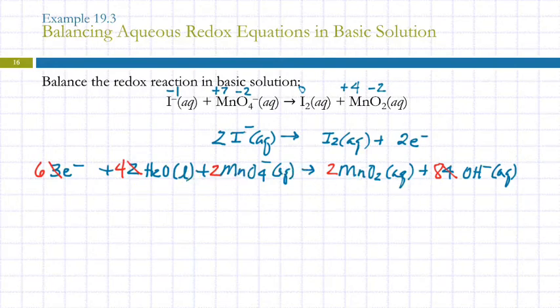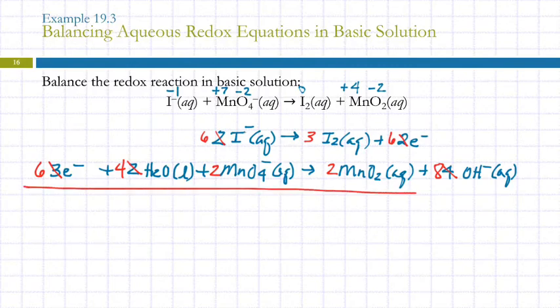Okay. And the top one, in order to get 2 electrons to be 6, I'm going to multiply by 3. So that'll be 6 electrons, 3 iodines, and 6 iodides. Add these together. Cancel out the electrons. And copy it down.